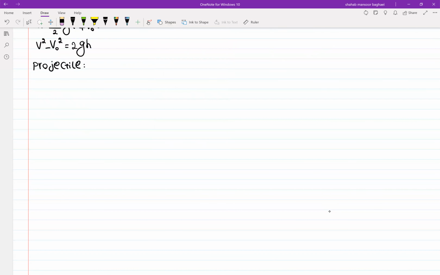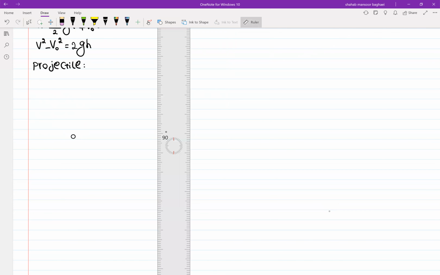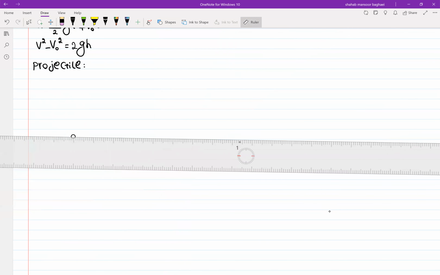Imagine there is a particle here. This is the level of the ground here.